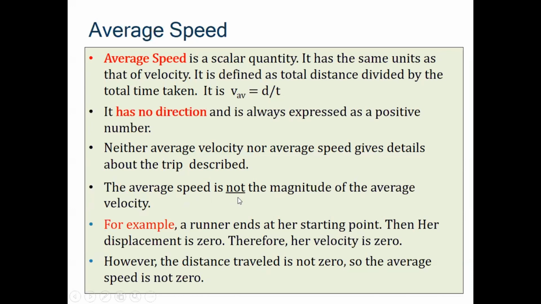The average speed is not the magnitude of the average velocity. For example, if a runner ends her run again at the starting point, then her displacement is zero. Therefore, her velocity is zero. However, the distance traveled is not zero, so the average speed is not zero.